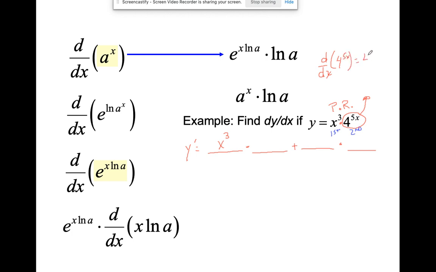Well, that is itself, pay the price, times the derivative of the stuff. Plus the second function times the derivative of the first.